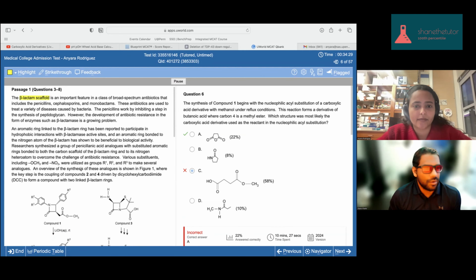Okay, cool. Then they say the penicillins work by inhibiting a step in the synthesis of peptidoglycan. Do you remember that? Peptidoglycan? Yeah, a bacterial cell wall has peptidoglycan.